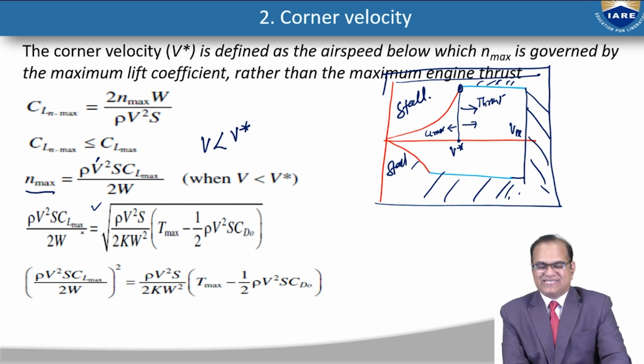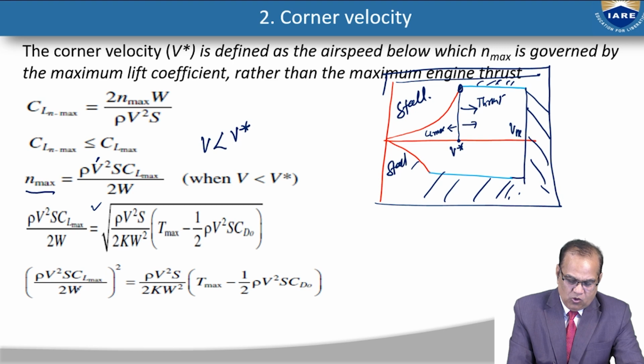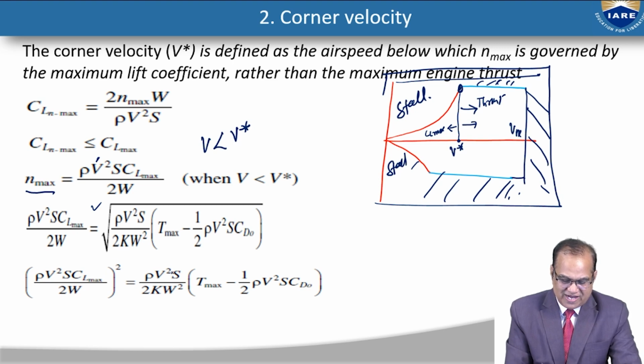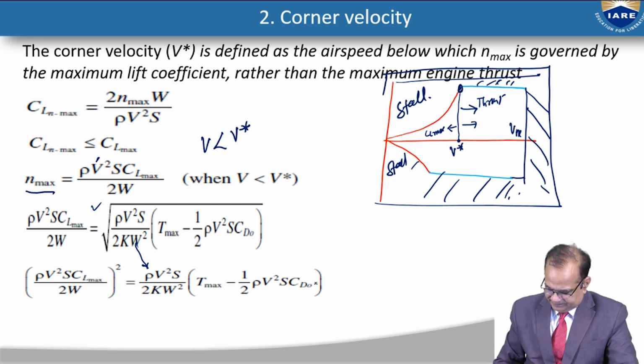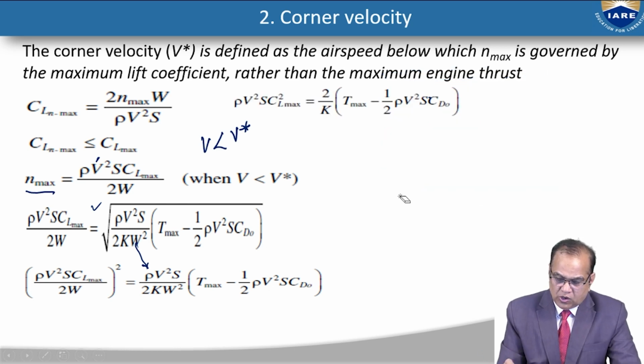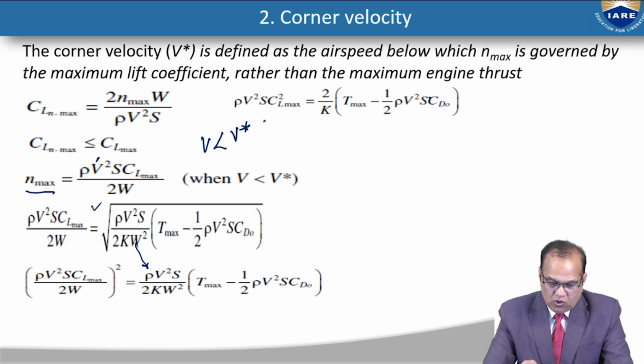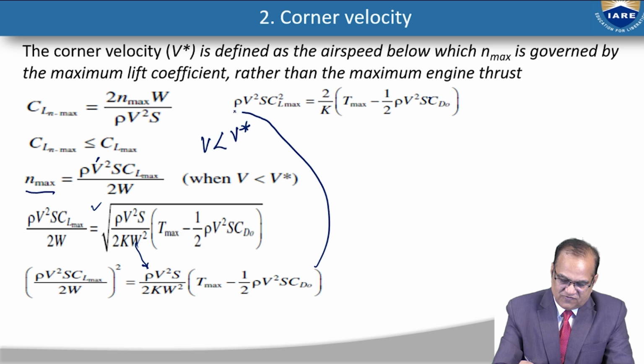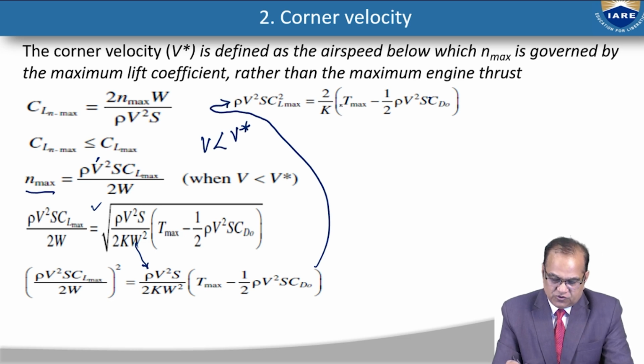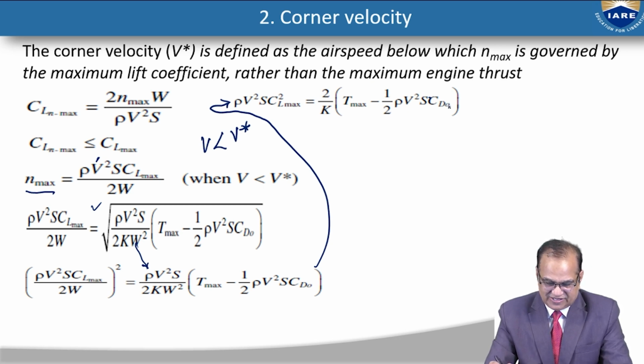So rho V square S CL max over 2W whole square is equal to rho V square S by 2KW, which we have taken here, times T maximum minus half rho V square S CD naught. Now rho V square S CL square maximum is equal to 2 by K times T max minus half rho V square S CD naught.